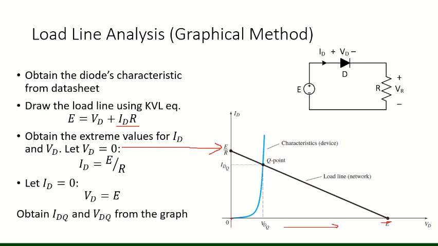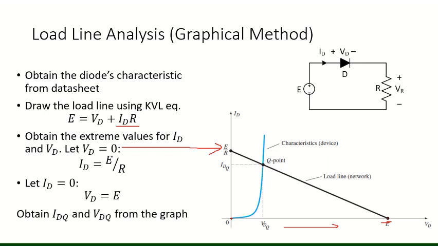In this case, this is a silicon plot, and we can get this plot from the data sheet. Now we have a vertical point, which is E by R, and a horizontal point, which is E. We need to connect these 2 points with a line, which is the load line.